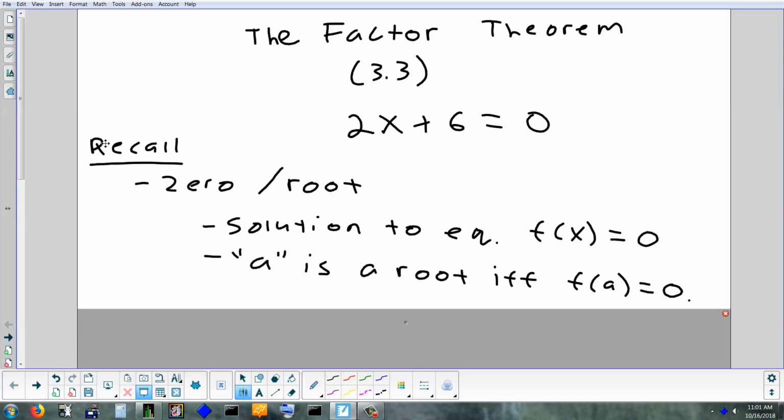So if you want to write out this last statement the long way, you could say that if a is a root, then f of a equals 0, which means if a number is a root, plugging it into an equation gives you 0. Or the other way: if you plug a number into an equation and get 0, then it is a root. So you can read it each way.